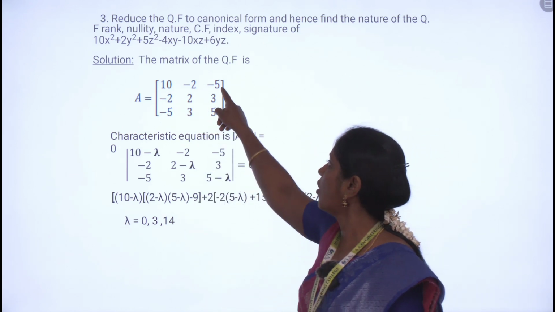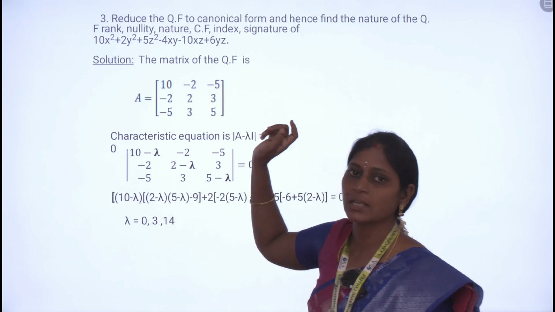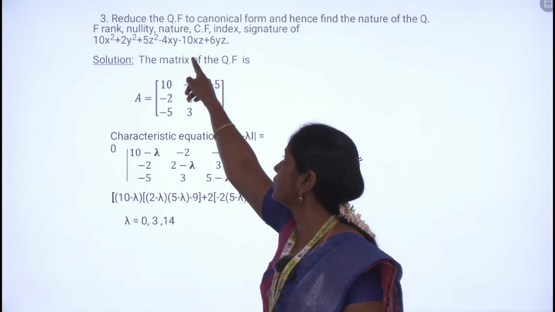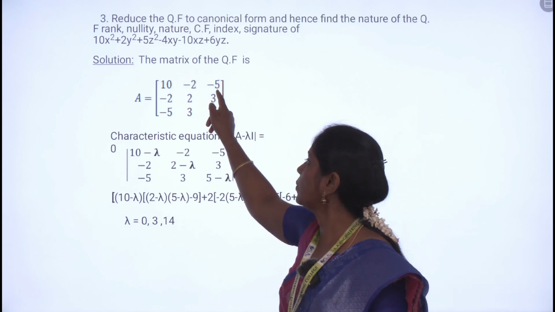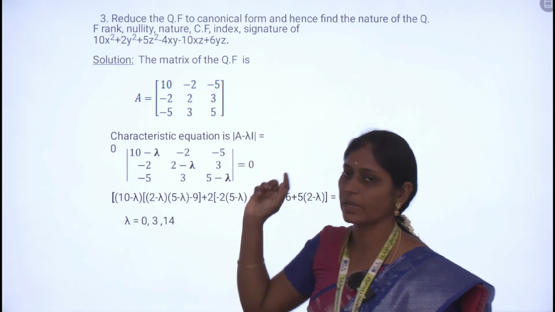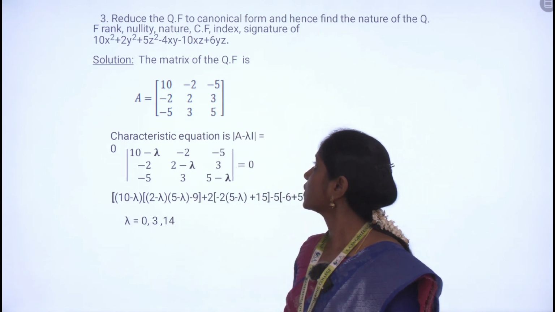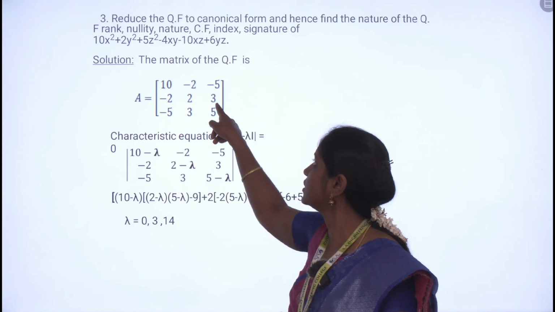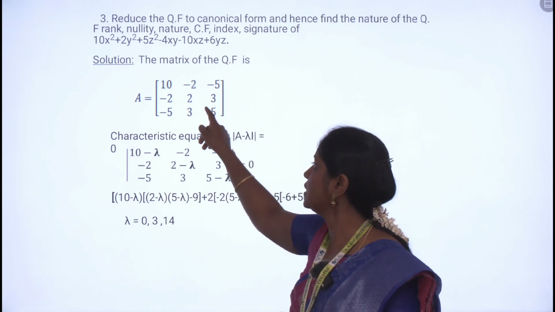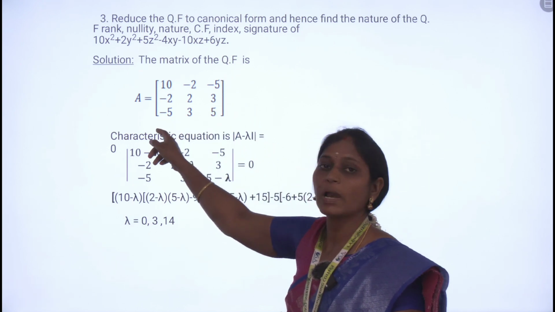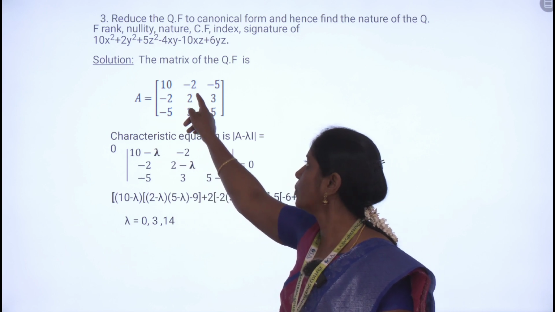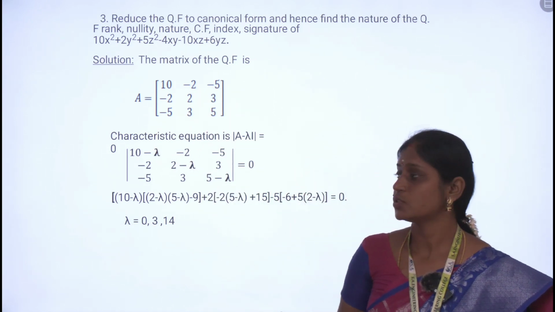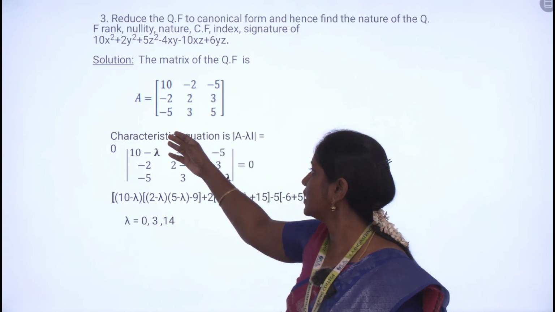Next is half into the coefficient of xz. The coefficient of xz is minus 10, so 1 by 2 into minus 10 is minus 5. The last one is 1 by 2 into the coefficient of yz, which is 6, so 1 by 2 into 6 is 3, the same 3. Therefore the matrix A is 10, minus 2, minus 5; minus 2, 2, 3; minus 5, 3, 5.